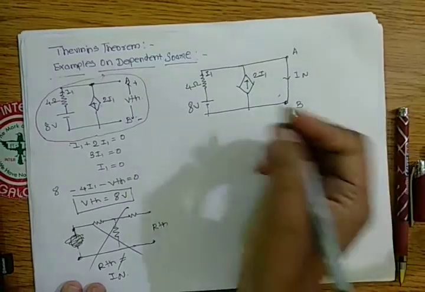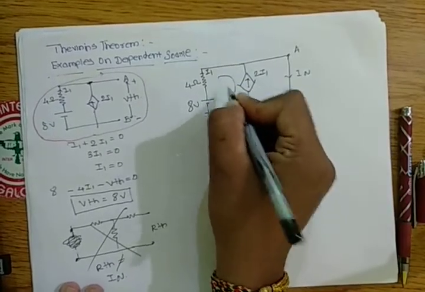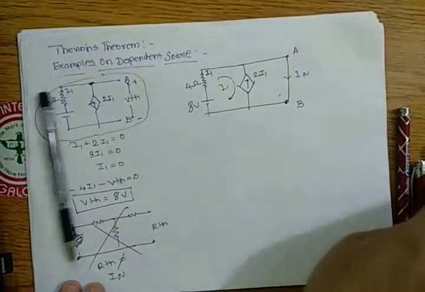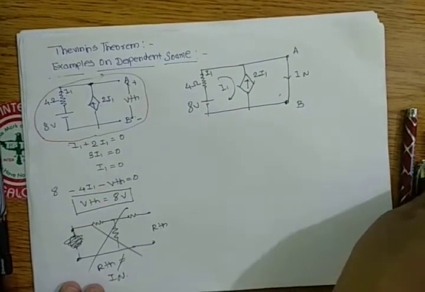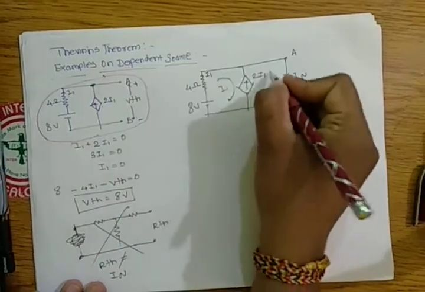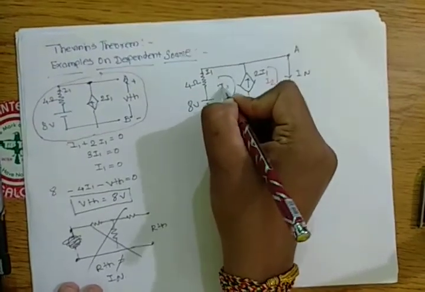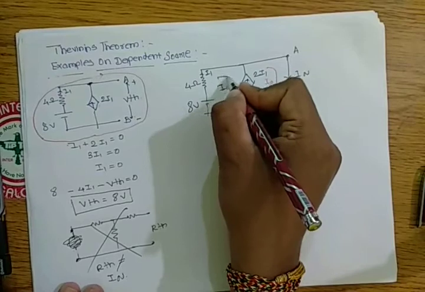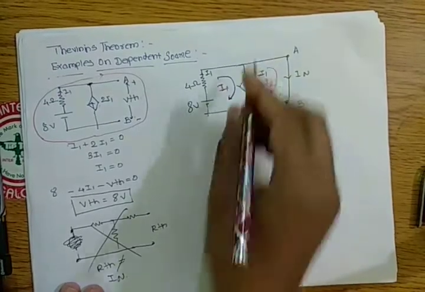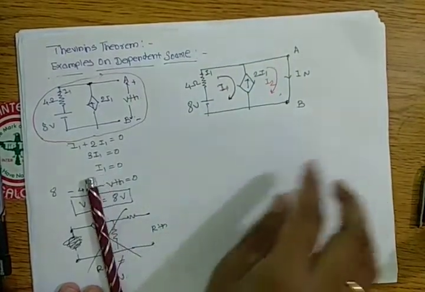Now what you have to do is, we have to use this as an I1 current. This is, we are using, that is I2, and this is I1. So I1 and I2 we have to use.